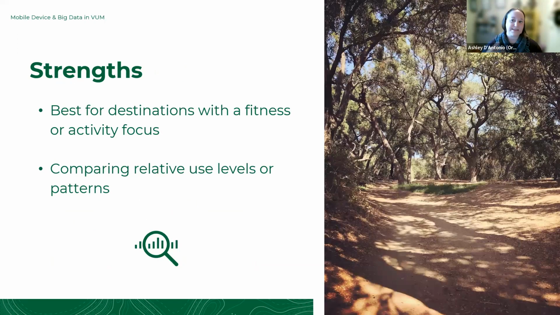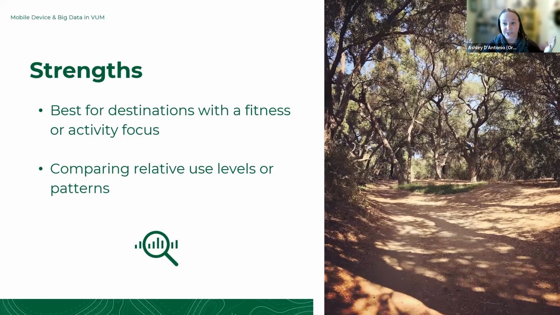In terms of strengths, if you know that your park is a big fitness or activity focused destination, then these apps can be potentially really helpful. One of the studies that I've done recently where we used Strava in particular was in the Nature Reserve of Orange County. We had done a survey and asked visitors about their motivation.